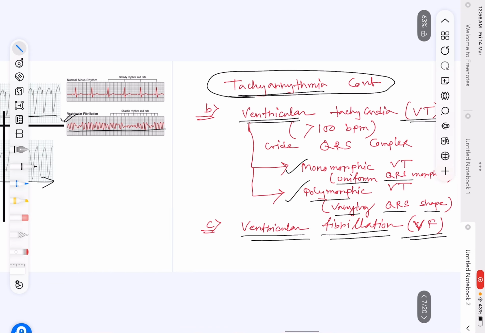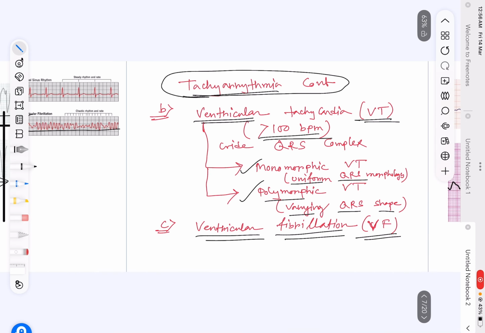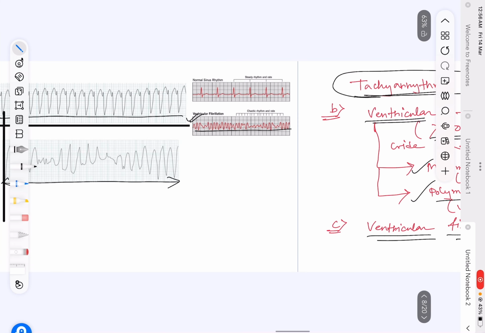It is fast, it is more than 100 beats per minute, but in ventricular fibrillation the heartbeats are more than 150 BPM. Okay, and patients will be decompensated.